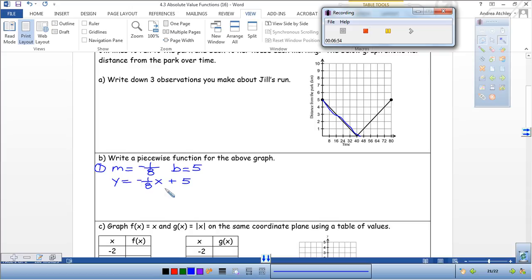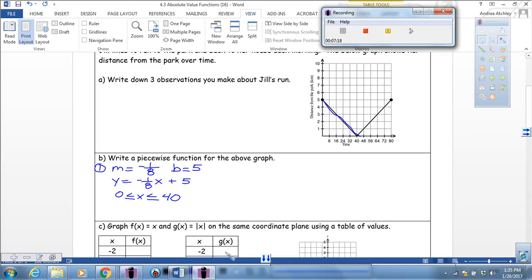Diana, so that first line, where's my x value start and end? 0 to 40. Very good. So 0 is less than or equal to x is less than or equal to 40. Now I'm going to write the next one.